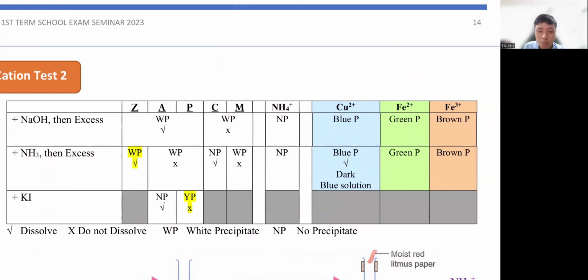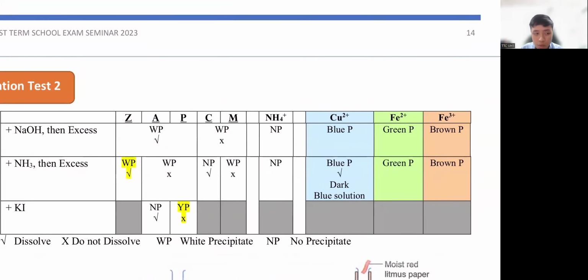So any problem? The problem with you is this: most students don't remember this. How? I teach you a method to remember, okay?